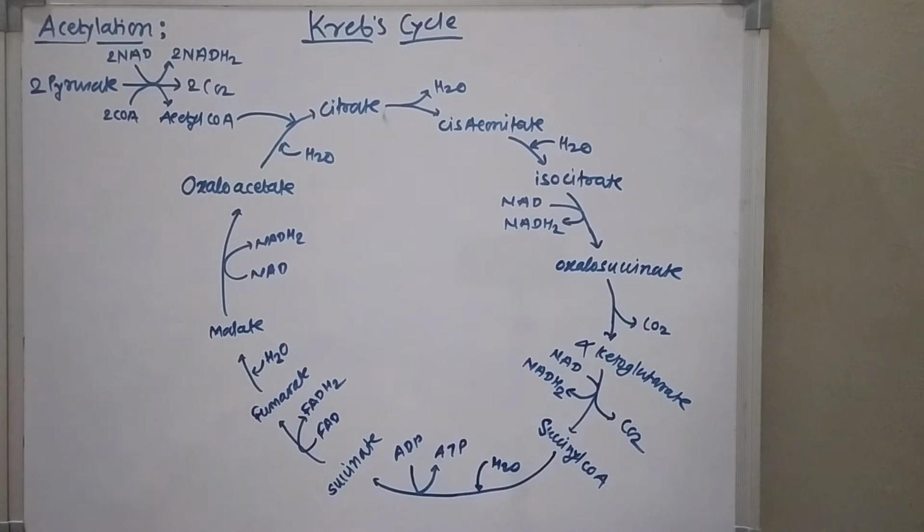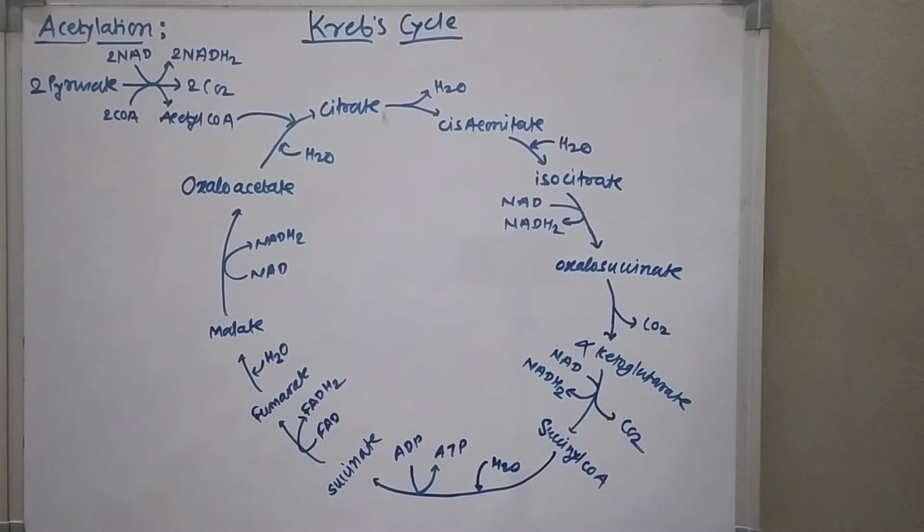Now, the second step in aerobic respiration is acetylation, also called the conversion of pyruvate into acetyl coenzyme A, or the link reaction. Firstly, the acetylation process takes place in the outer chamber of mitochondria.